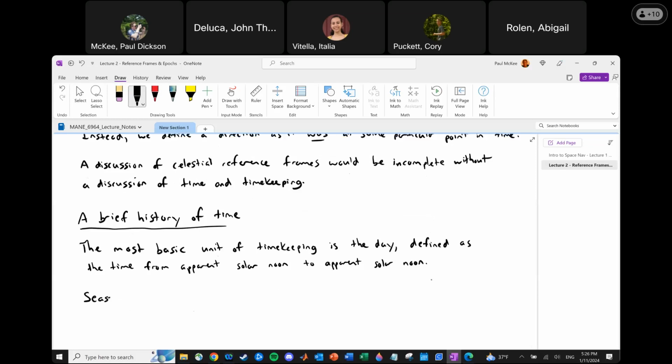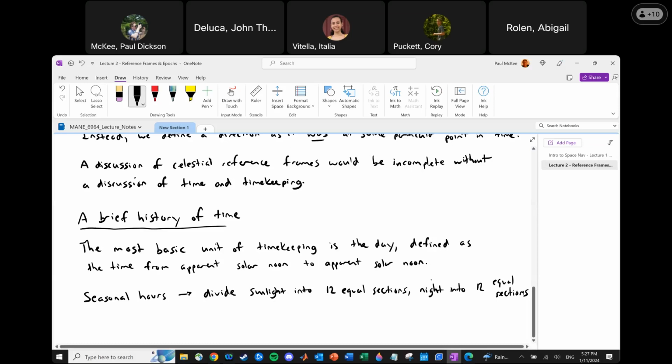And seasonal hours are: divide the period of sunlight into 12 equal sections and divide the period of night into 12 equal sections, which you might notice change in time because every day is a slightly different length than the day before and the day after, because of the precession of the Earth and the motion of the cosmos and everything. You have longer days in the summer and shorter days in the winter.